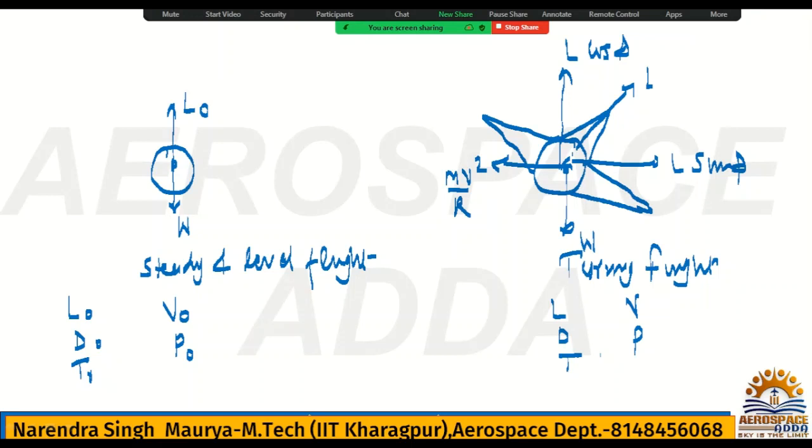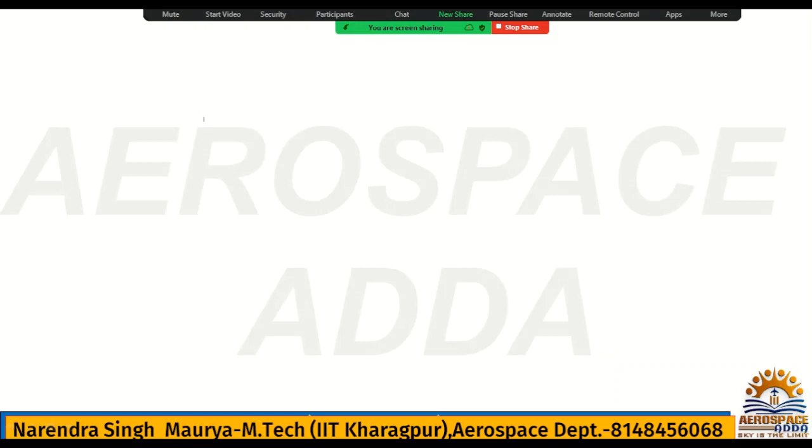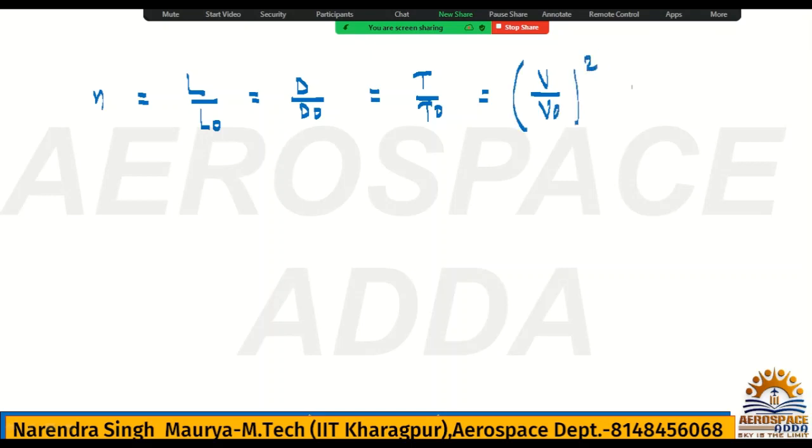Yes or no? These are the parameters for steady state level and turning flight. And I had given one very beautiful relation between steady state level and turning flight. What was that? If you remember, load factor N is equal to L upon L naught is equal to D upon D naught is equal to T upon T naught is equal to V upon V naught squared is equal to P upon P naught raised to 2 by 3.